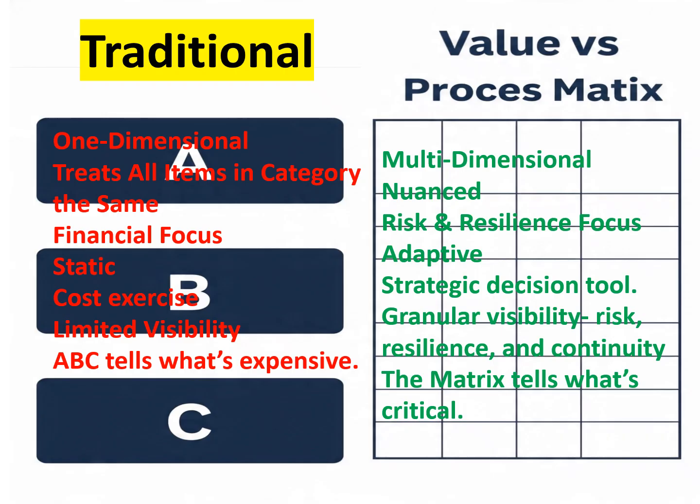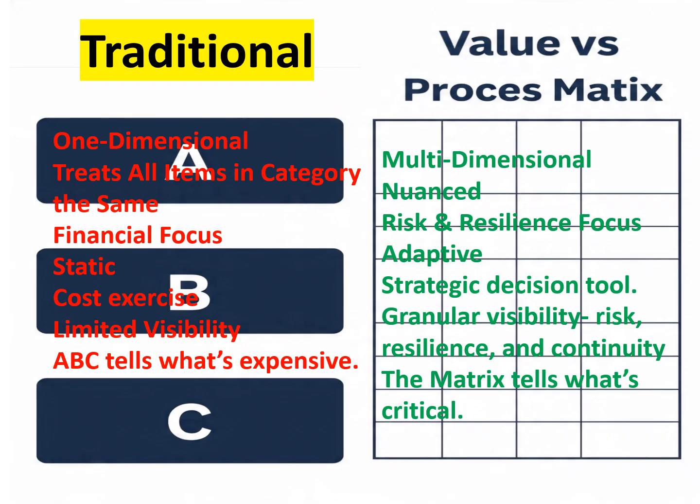Traditional treats all items in a category the same, whereas the matrix applies nuanced strategies and treats each item differently. In traditional, our focus is financial, whereas in the matrix we have a risk and resilience focus. Traditional is static, whereas the matrix is adaptive.